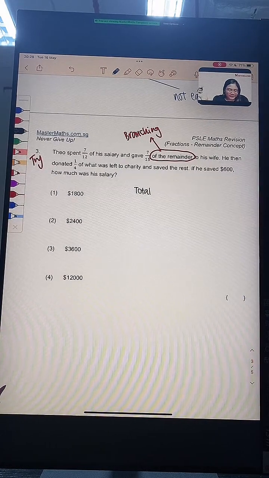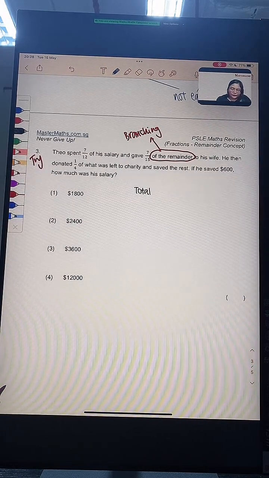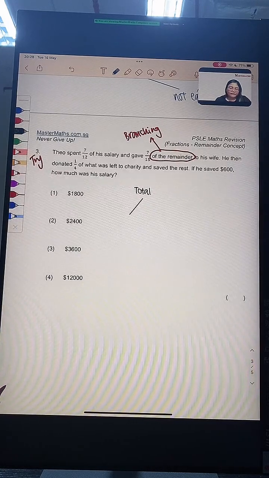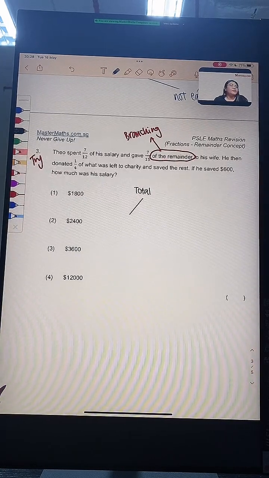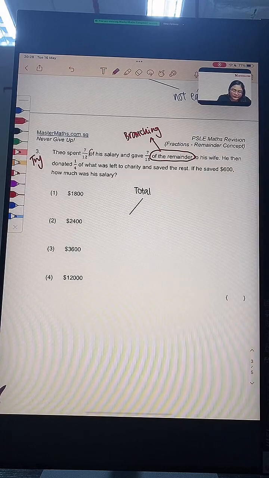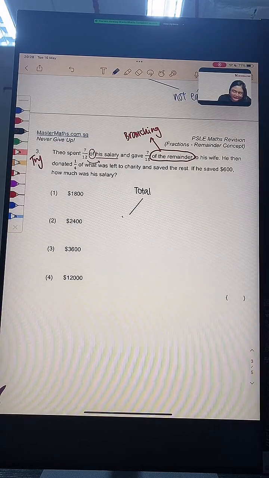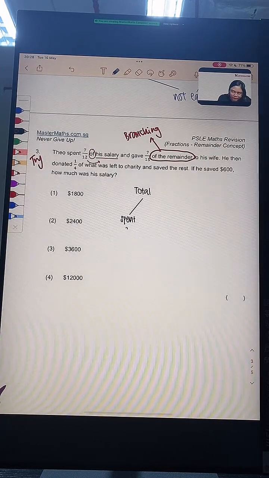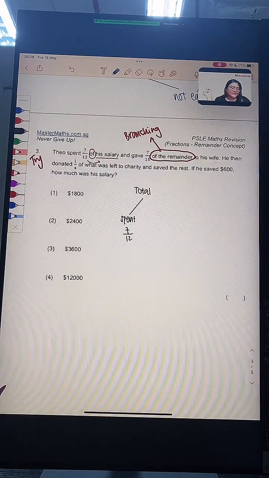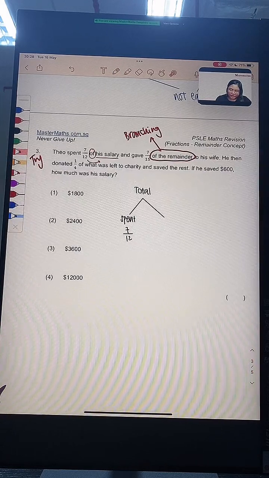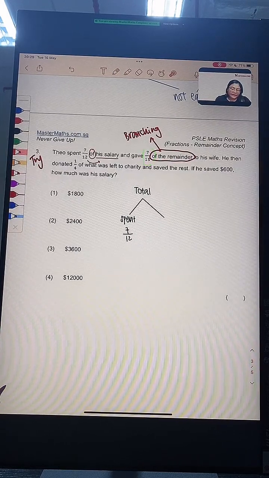It's 8:28. Let's run through. So from this total, I am going to branch out to whatever they told us that he did with his salary. The first keyword is "of his salary". Therefore, he actually spent 7 out of 12, which we are going to write down first. Then in the next fraction, they already gave us "of the remainder".